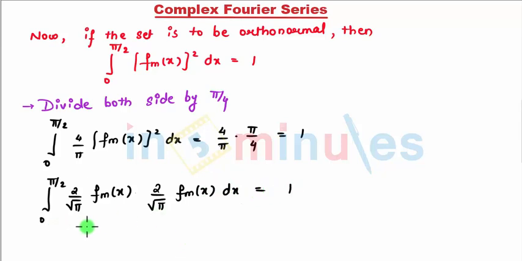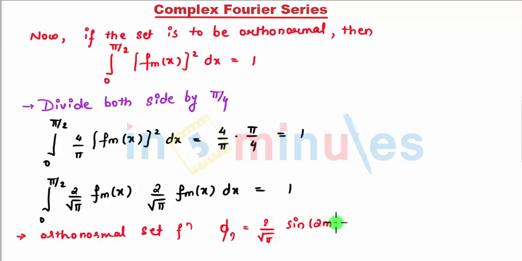So now I can say that a new orthonormal set of functions, let's define it by phi n, is nothing but 2 by root pi f_m of x, which you can write as sine of (2m plus 1) into x. So that's the function which I got.